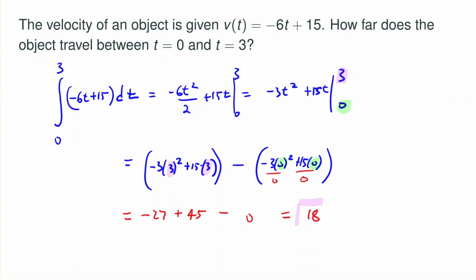So 18 is the amount of distance that the object traveled between 0 and 3. Again, it does not give us a specific unit. If it was feet per second, then it will be feet. If it was meters per hour, then it will be meters. Whatever the unit is, the object traveled 18 units. And that's the net change between 0 and 3.